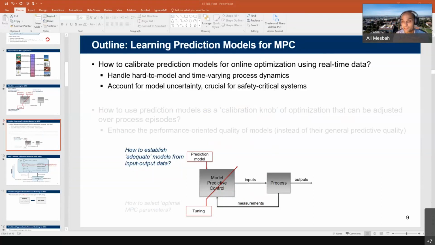And in the context of control, especially for safety critical systems, it is extremely important to proactively handle these uncertainties, the uncertainties that we get with our model predictions, in this case machine learning based or data-driven. And here, the paradigm of model predictive control or optimization-based control in general allows us to handle these uncertainties through constraints.